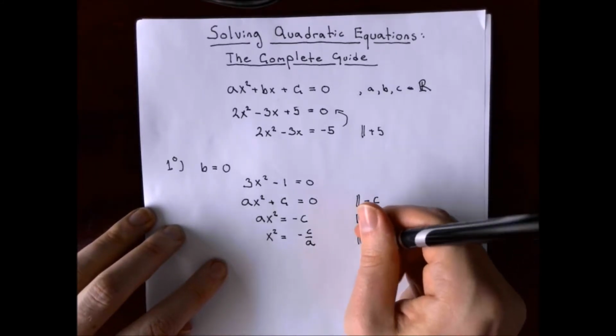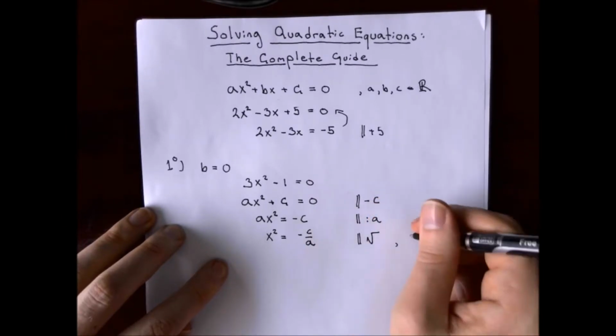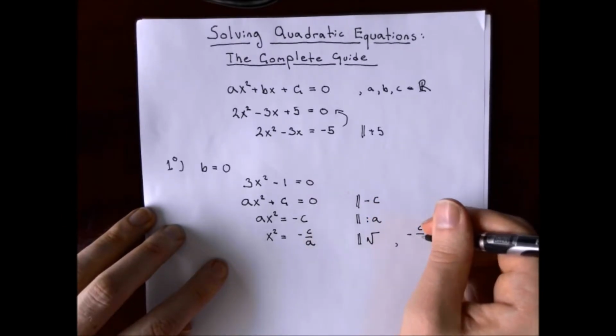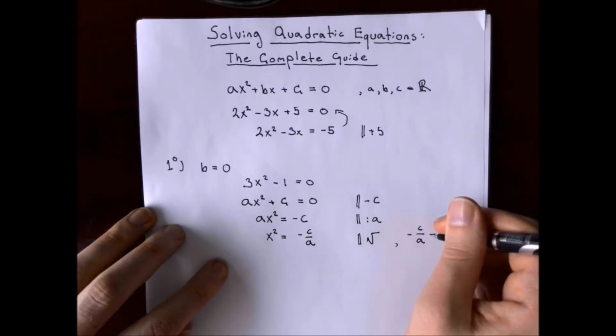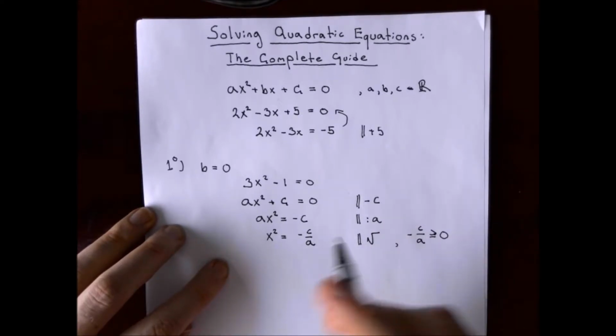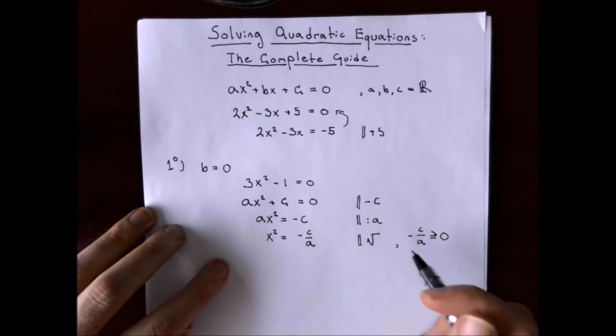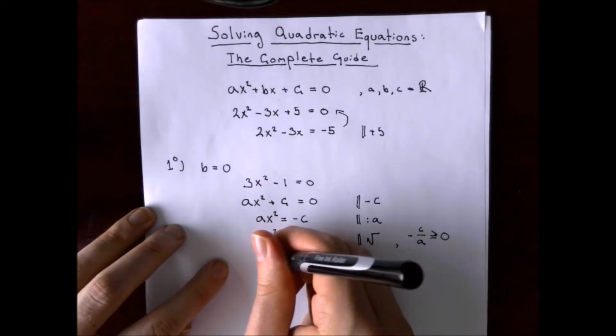And then we take the square root, provided that minus c divided by a is greater or equal to 0. If this term is negative, then we're not allowed to take the square root.